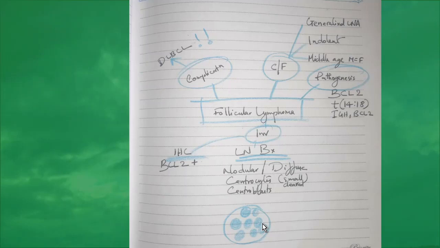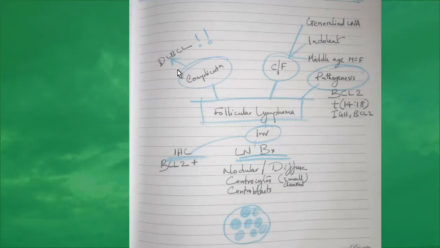The follicles are more or less of same size in follicular lymphoma, and they'll be infiltrating right into the medulla and may even infiltrate outside the capsule, and they're very dark. Then the follicles will contain centrocytes, which are these small cleaved cells, and centroblasts, slightly larger cells. Immunohistochemistry, IHC, will be BCL2 positive.